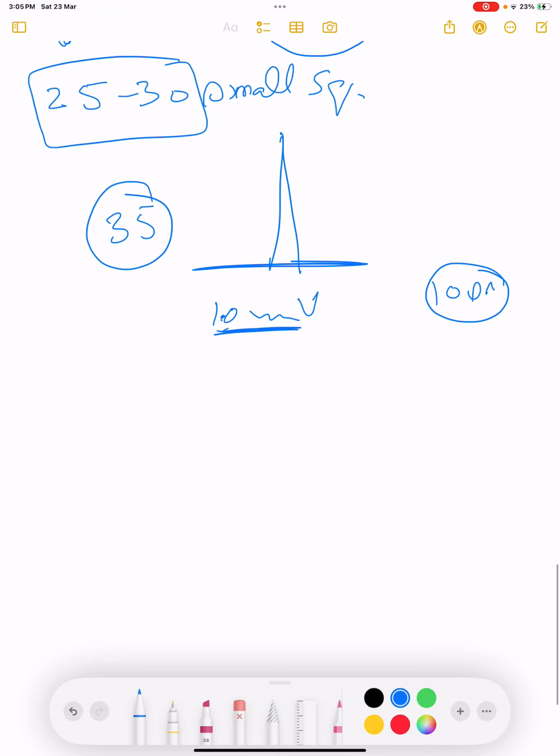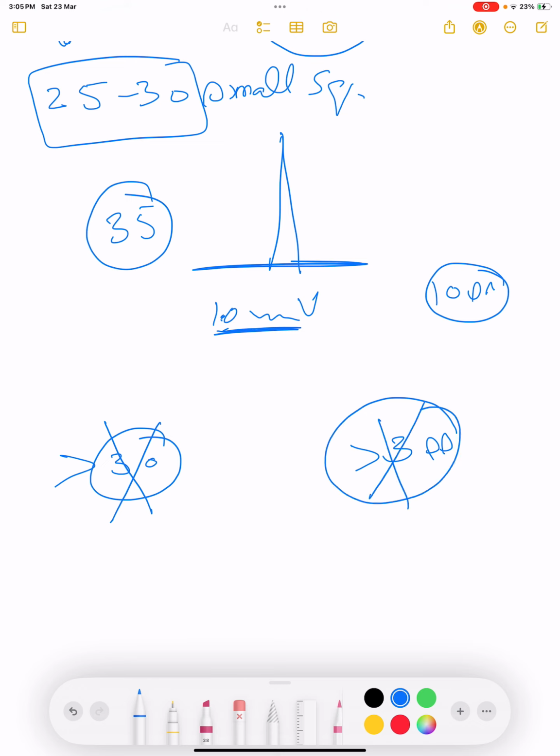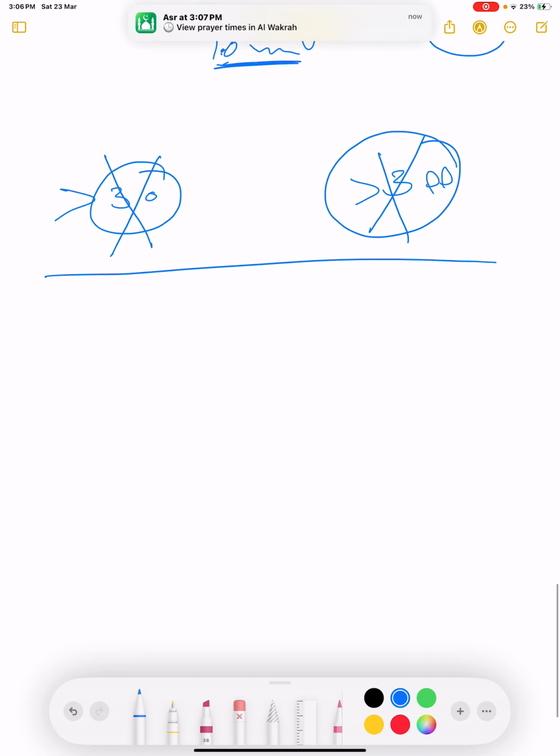So as far as height is concerned, if it is more than 30 small squares, it is abnormal. And as far as width is concerned, if it is more than 3 small squares, it is abnormal. You can remember the numbers 3 and 30. So let's take them one by one.